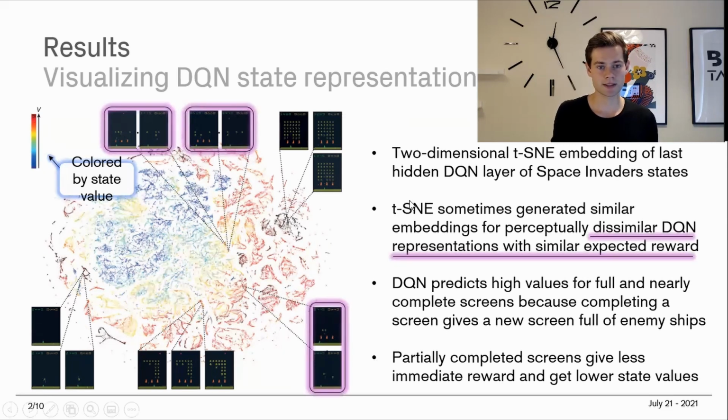Specifically, this t-SNE embedding generates similar embeddings for perceptually dissimilar DQN representations with similar expected rewards. Basically, what we mean by this is we have some states here at the bottom right and also at the top here that are not very similar in terms of what they look like. However, in terms of expected reward, they are quite similar.